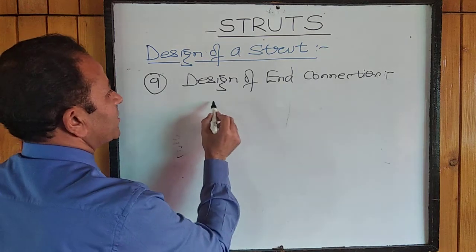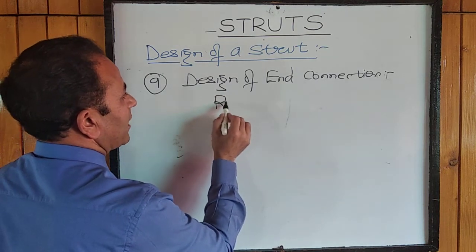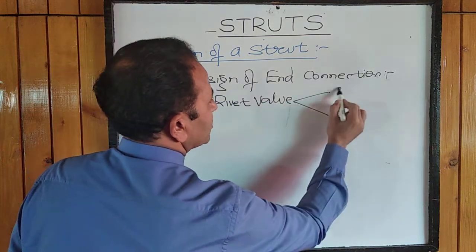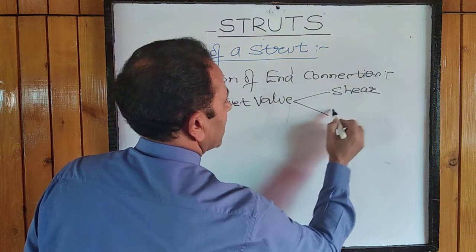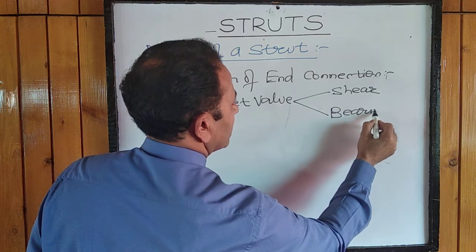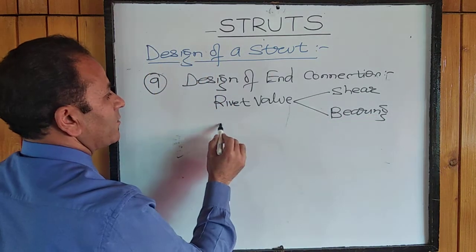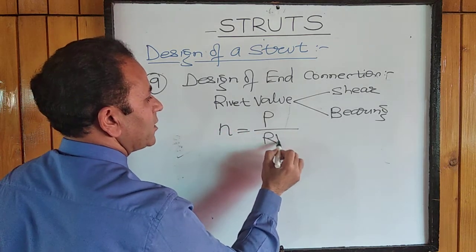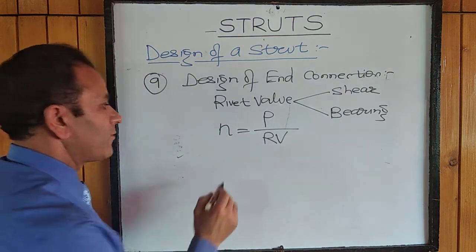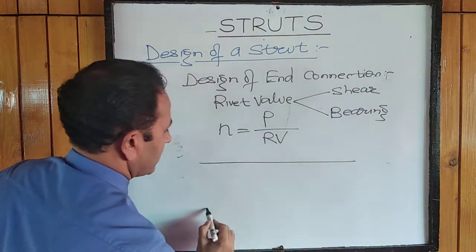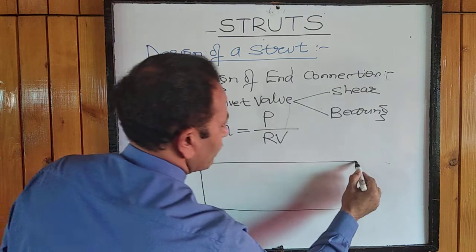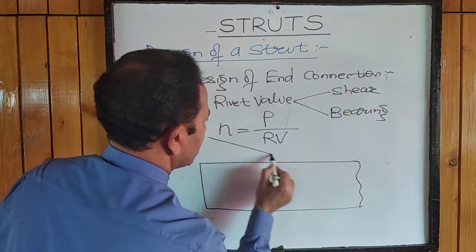So in end condition, we'll find out the rivet value corresponding to its shear strength and bearing strength. Then we will find out n, the number of rivets, that is the load divided by rivet value. We'll find out the number of rivets, and then we'll find out the spacing where these rivets shall be placed.